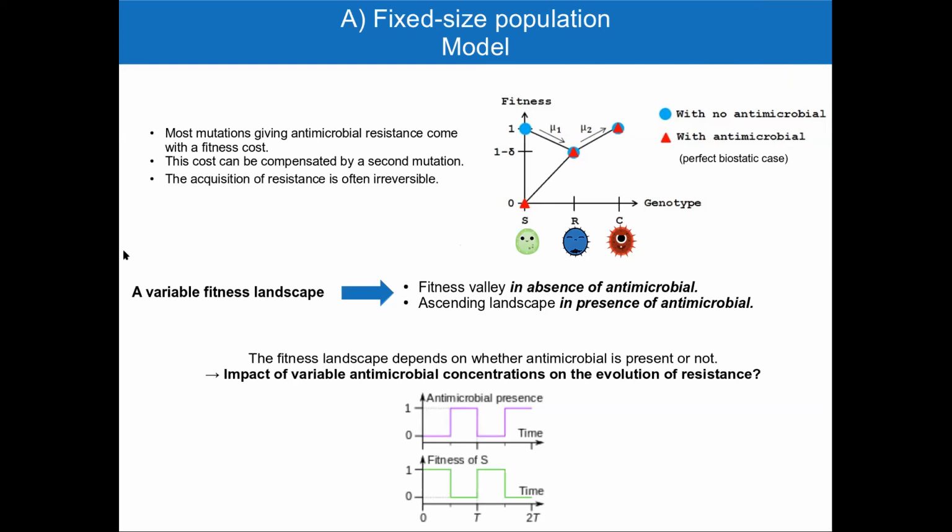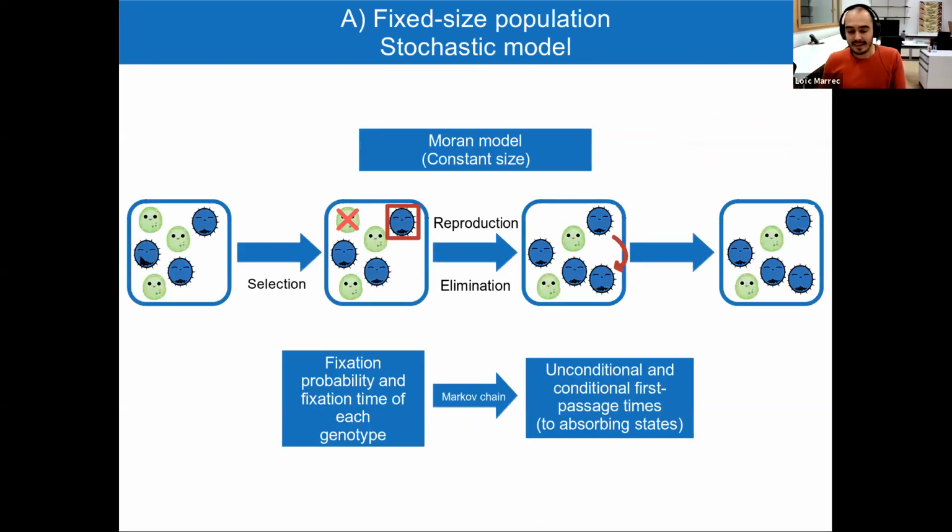And so since I'm a theoretician, I don't perform experiments, so I had to use a model to simulate populations. To do so, I used the Moran model. On this slide, I'm just going to briefly explain how it works.